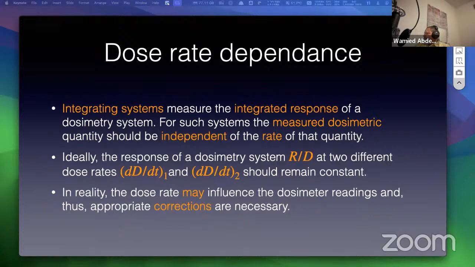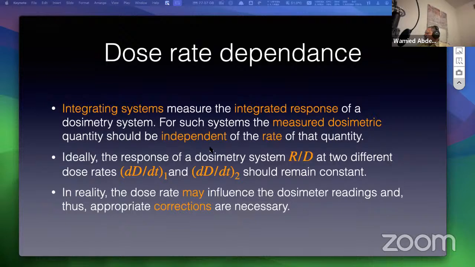For example, if we give the chamber 100 centigray, we want the reading to be the same irrespective of how fast we deliver that dose. It doesn't matter if we deliver 100 centigray in 1 minute or in 1 second. That's what we mean by dose rate dependence. We want the dosimeter to be independent of the dose rate.